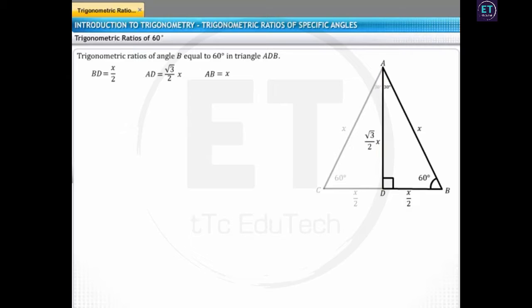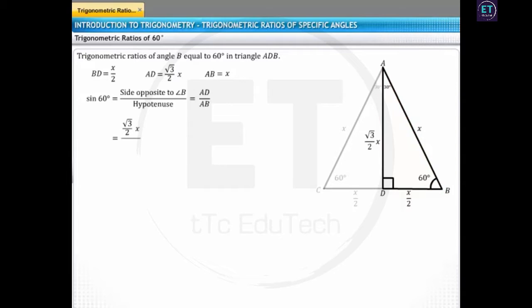Now, let us find trigonometric ratios of angle B equal to 60 degrees in triangle ADB. Sine 60 degrees is equal to the ratio of AD, the side opposite to the angle B, and the hypotenuse AB.